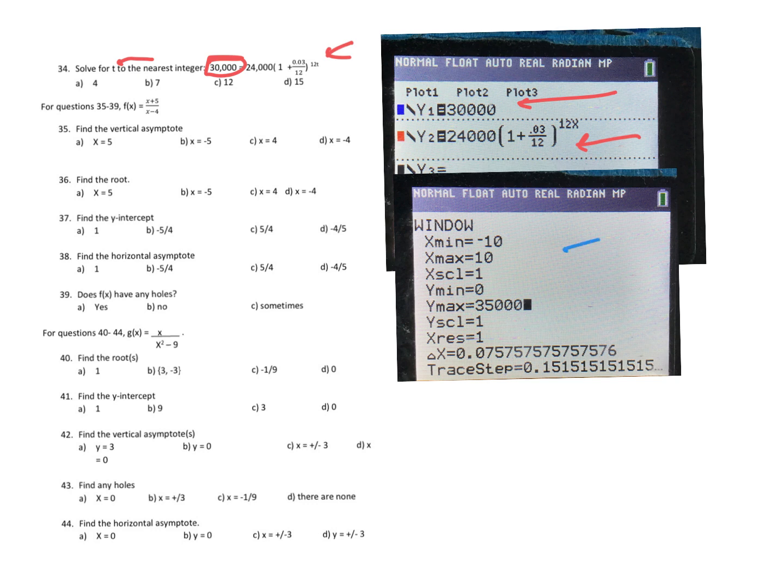And you see the viewing window I'm about to use. Here, my y max is 35,000 because my first equation is y equals 30,000, and I want to choose a value bigger than 30,000. And honestly, if I'm looking at my answers, 4, 7, 12, and 15, I know my x values that I'm solving for.